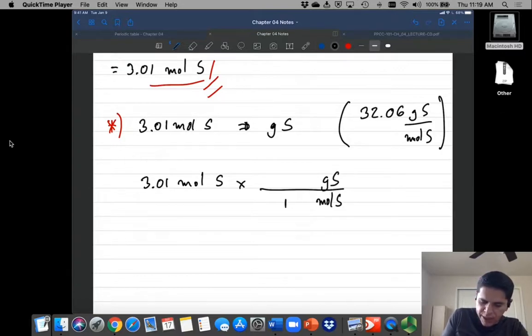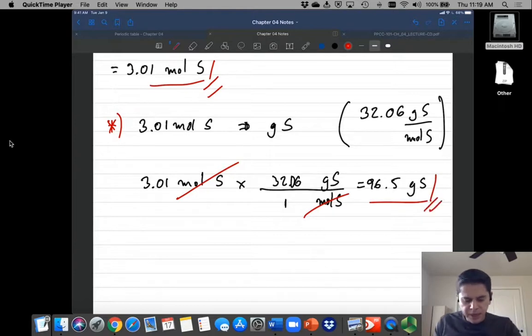So basically 1 here and 32.06 in here. And then my units canceled properly, and now I have grams of sulfur. And the answer for this is going to be 96.5 grams of sulfur.